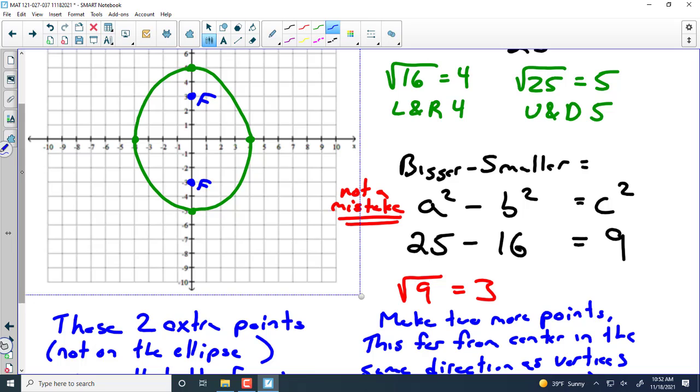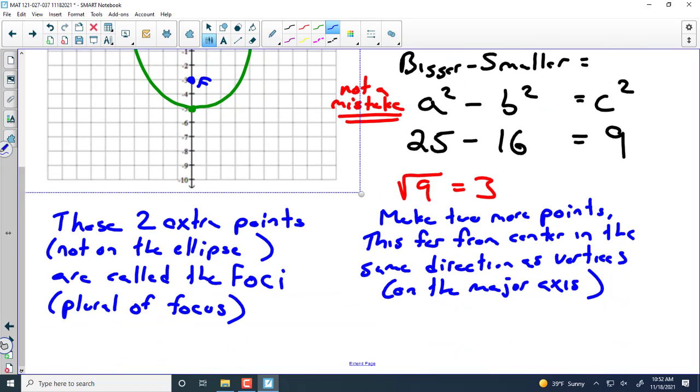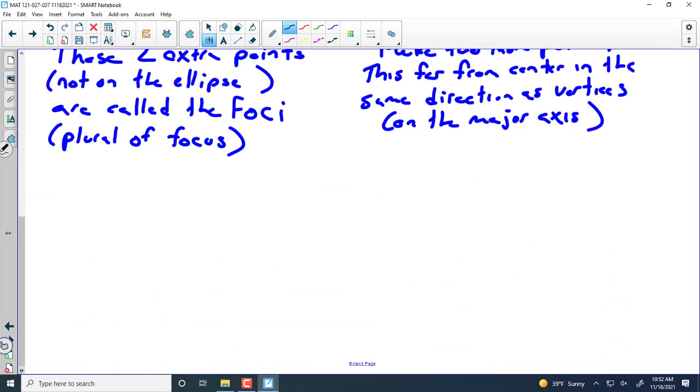These foci right here are actually what gives the ellipse its shape. These are what define an ellipse. So, here's what an ellipse is, everyone.